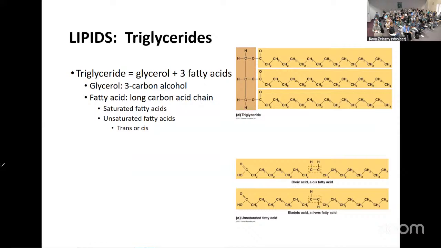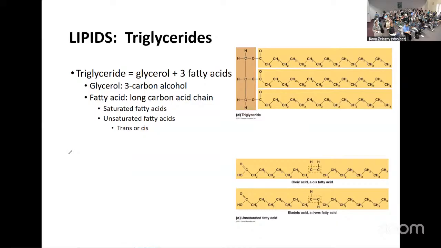So that's our general form of a triglyceride. When I'm drawing them for myself, in case I do this later, I tend to draw them just kind of like a flag, right? So glycerol backbone with our fatty acids coming out to the side.